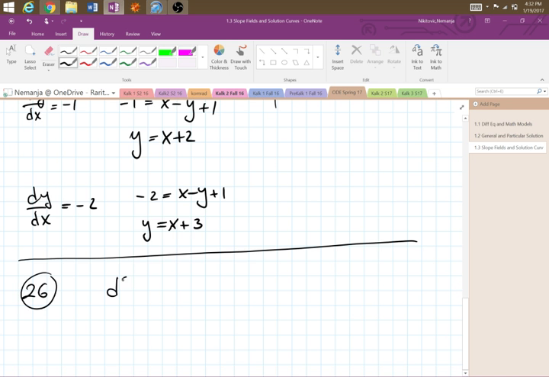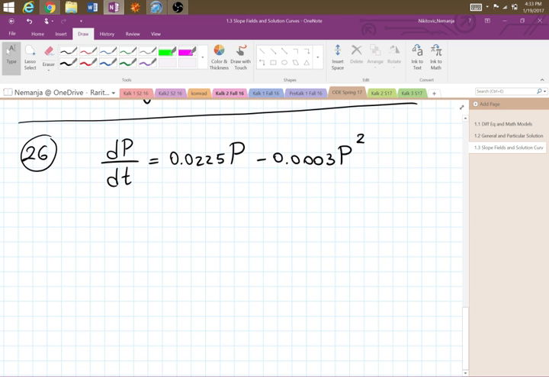You are talking about the change of population of deer in time, obviously. 0.0225 P minus 0.0003 P cubed. Oh no, that's P squared. So here is your differential equation.